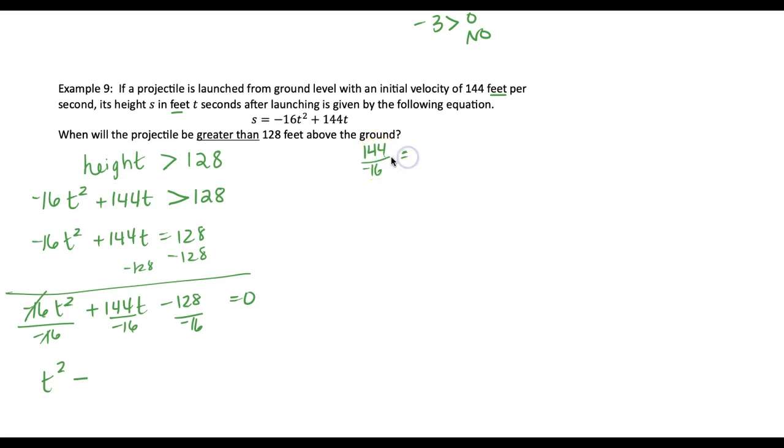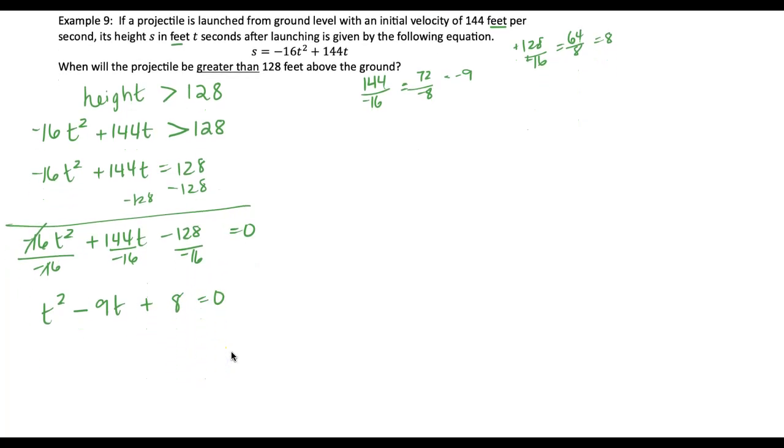I usually go ahead and just, if I can, cut it in half, divide by 2. So I get 72 over -8, and that very quickly told me it was -9 t. And then I would do the same thing with 128 over 16. They both end up being positive. Dividing both of them by 2, I get 64 over 8, which reduces down to an 8.